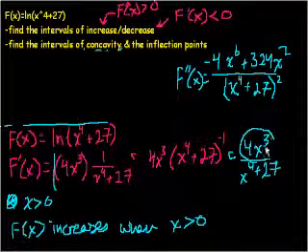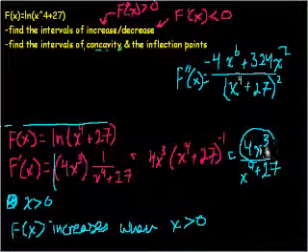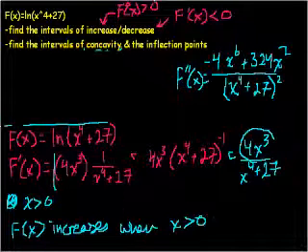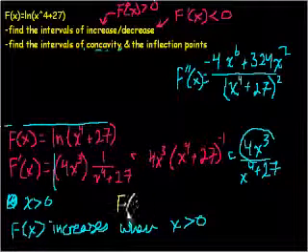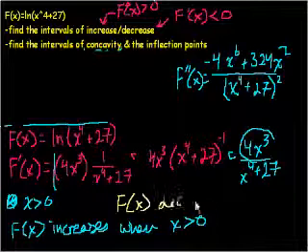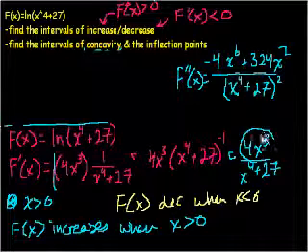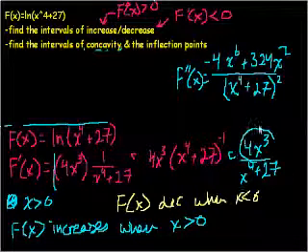Well, sure, when x is greater than 0, right? Only a positive number to the third power is positive. And similarly, and I'll write it in a different color, f of x decreases when x is less than 0, because that's when x to the third is less than 0, which will make 4x to the third less than 0, which will make this whole thing less than 0.